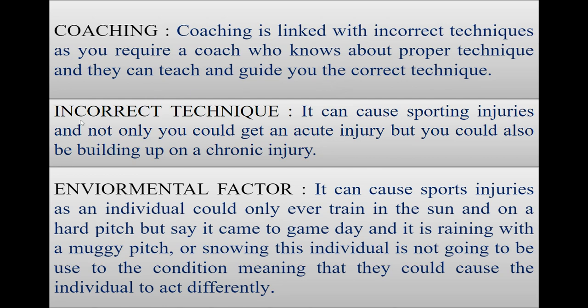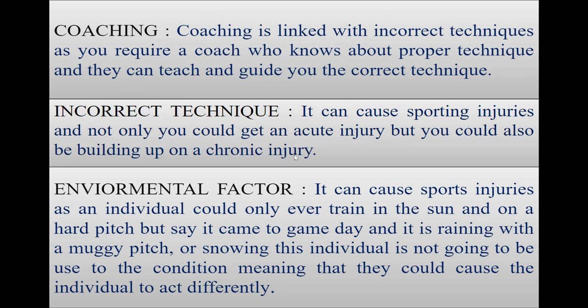Our next point is incorrect techniques. Incorrect techniques can cause sporting injuries, and not only could you get an acute injury, but you could also be building up to a chronic injury.